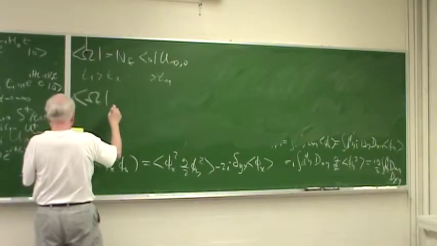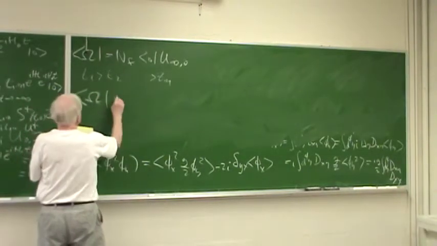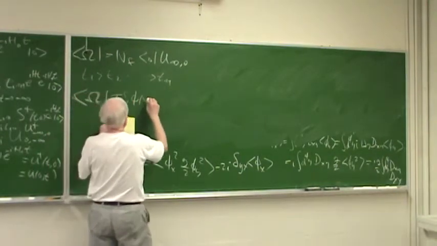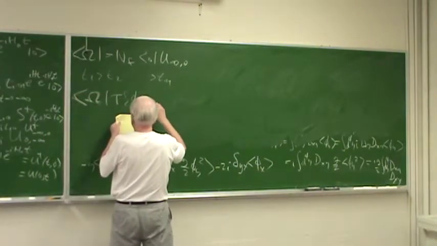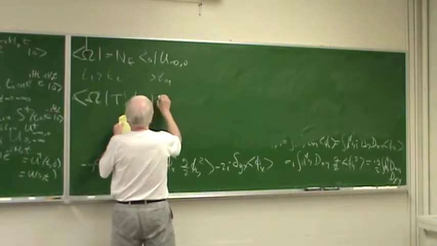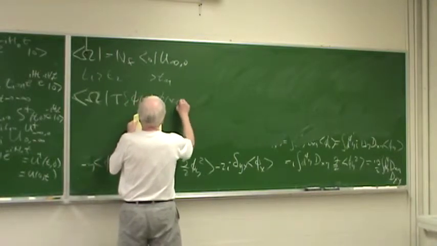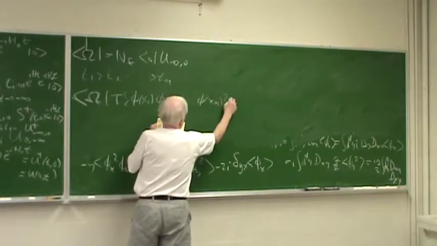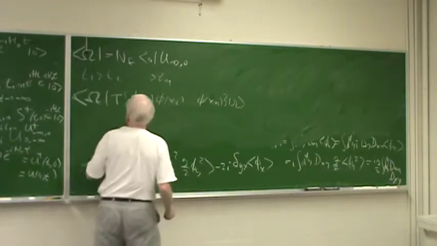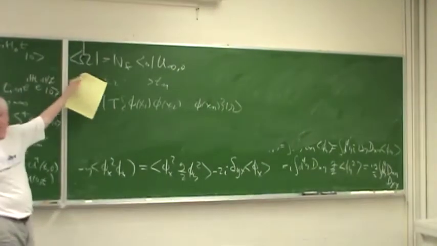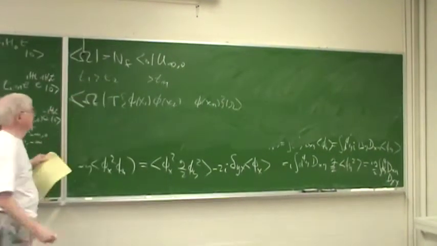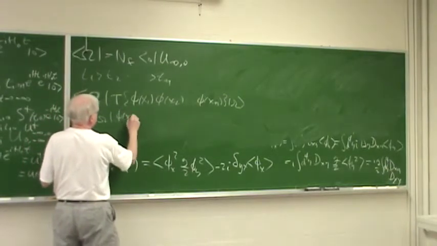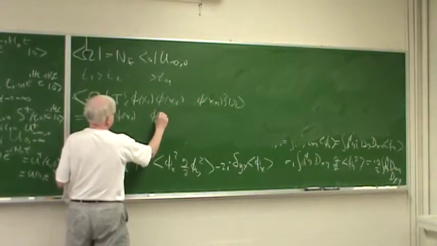All right, physical vacuum, time-ordered product, fields, and these are Heisenberg fields, phi of x1, x2, phi of xn. But we chose a particular time ordering. So this is omega, just phi of x1, dot, dot, dot, phi of xn.